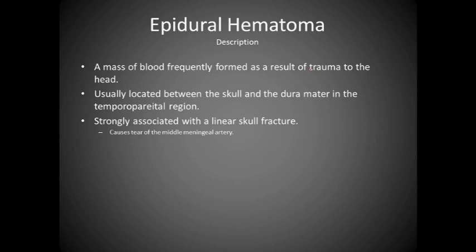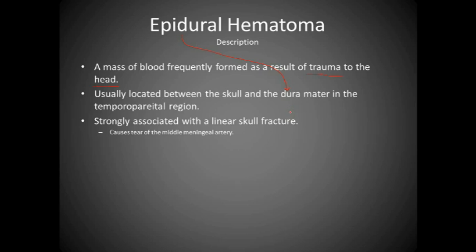So that's going to be one of the key deciding factors: you're going to see trauma to the head. It's usually located between the skull and the dura mater in the temporoparietal region. And so basically, in the juncture between the temporal bone and the parietal bone, that's where it's actually at.